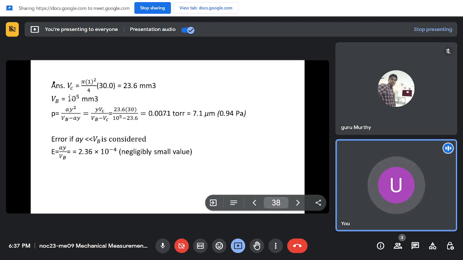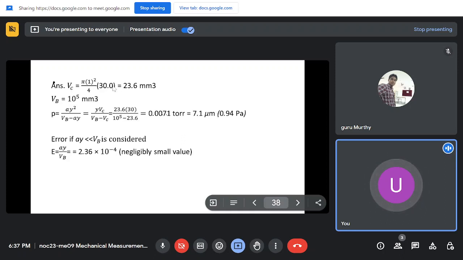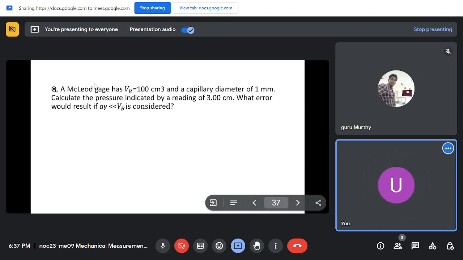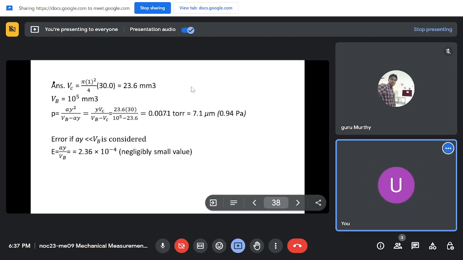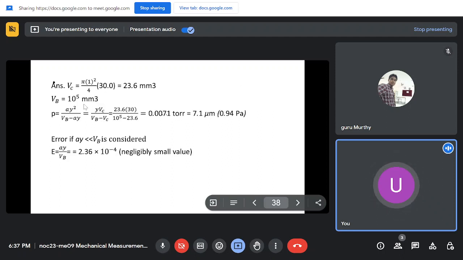We know the capillary volume is pi by 4 into d square into the length, which is given as 3 centimeter. So we convert it into mm: 30 mm into a diameter of 1 mm. So 23.6 mm cube is the capillary volume, and the bulb volume is given as 100 centimeter cube. On converting, 1 centimeter is 10 mm, so 10 power 3, and 100 into 10 power 3 is 10 power 5 mm cube.